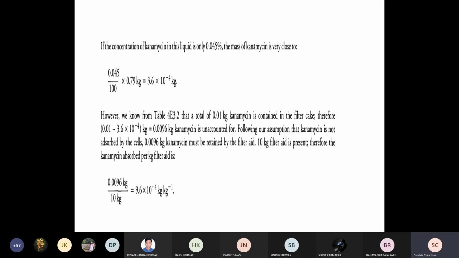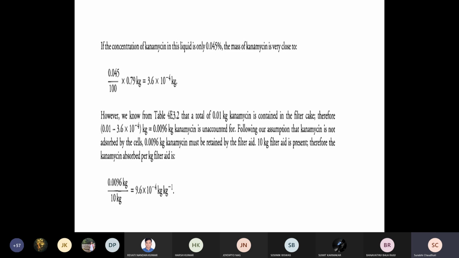So 0.01 minus 3.6 into 10 to the power minus 4 kg means 0.0096 kg of kanamycin is unaccounted for. So we are considering that kanamycin is not absorbed by the cells. So this amount, 0.0096 kg kanamycin, has to be retained by the filter aid only, because it can be retained by any solid.